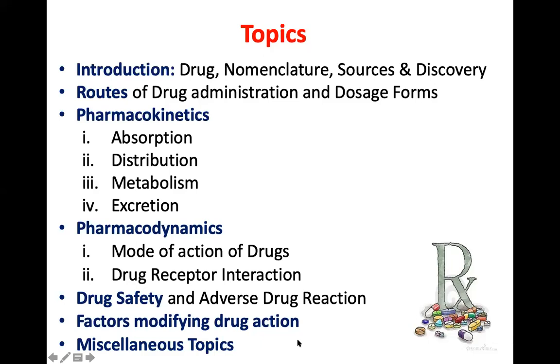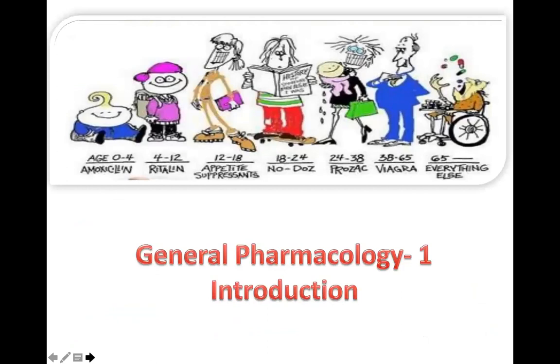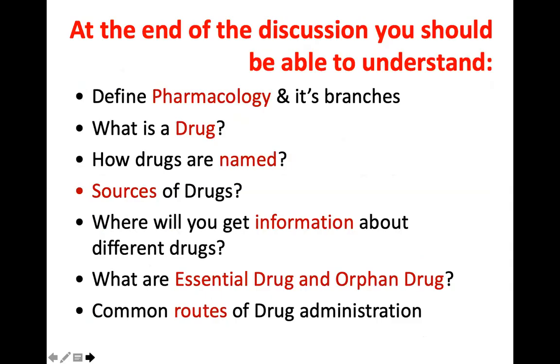So one by one, you will be taught about the drugs which are effective in the different organ systems. So today's lecture is the first, that is the general introduction of pharmacology. Today I am going to tell you what the definition of pharmacology is, what are the different branches of pharmacology, what is a drug, how drugs are named, what are the different sources.